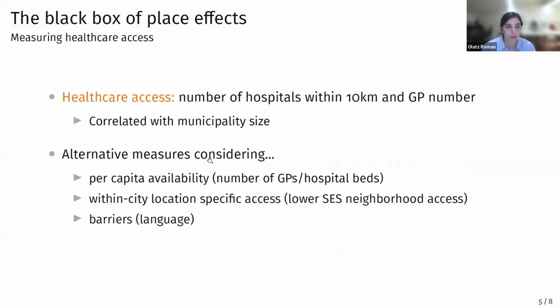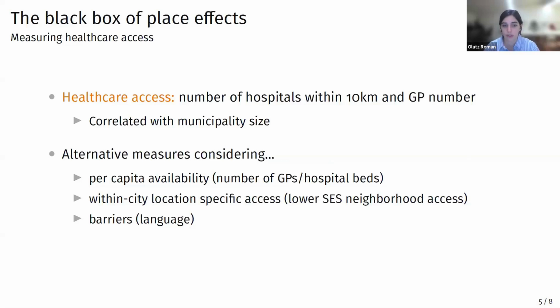I wanted to mention very briefly how you're measuring healthcare access, which is, I believe, with these two measures: the number of hospitals within 10 kilometers and the number of general practitioners. And in thinking about this, I think that this is going to be correlated, for example, with municipality size. I was wondering if there are other measures that you could construct that would be feasible, that would include some other considerations, like, for example, the per capita availability, instead of simply having the number of GPs, if it could be possible to do something per capita within the municipality.